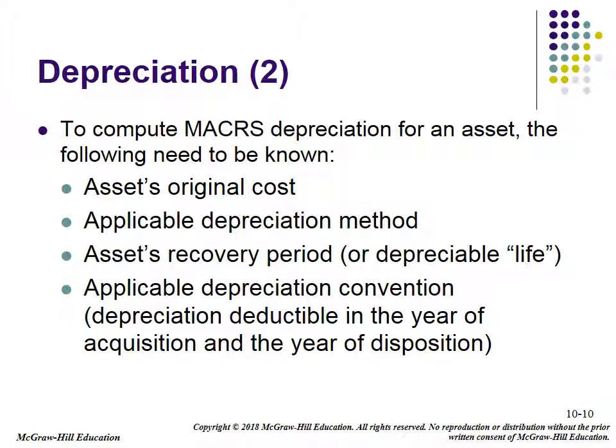It's actually defined in the tax code, so you'll be told the life of the asset depending on what you purchase. And then the applicable depreciation convention, which we'll discuss: for personal property we use the half-year convention or mid-quarter convention, and for real property, your buildings, mid-month. So we'll talk about what that means.